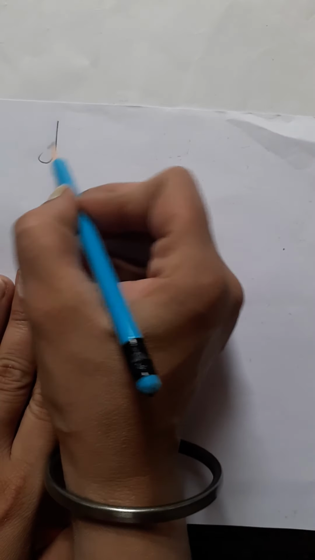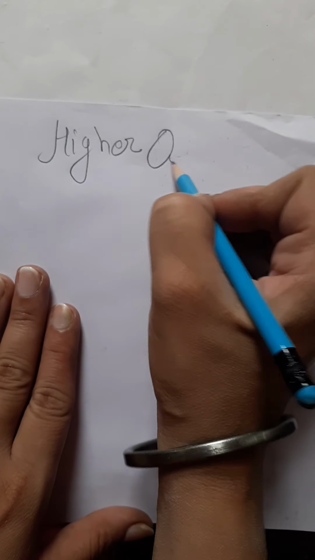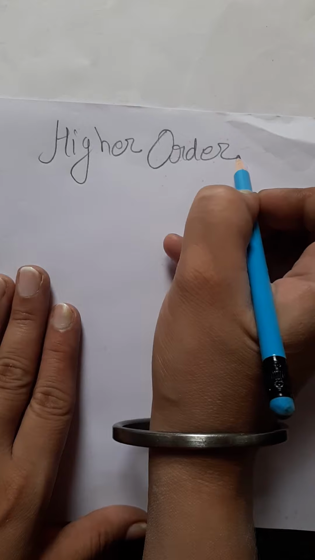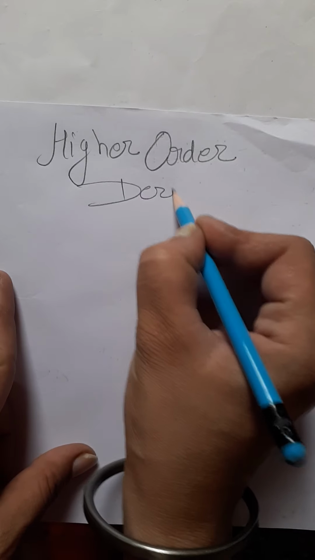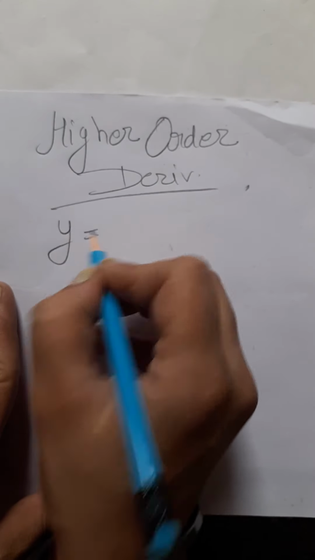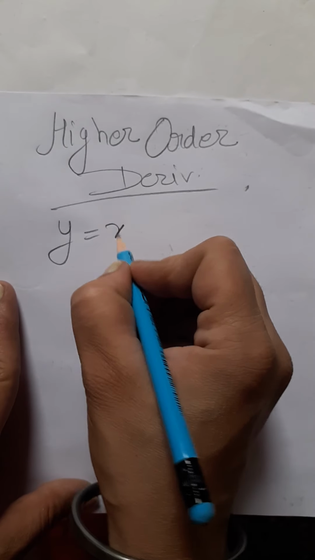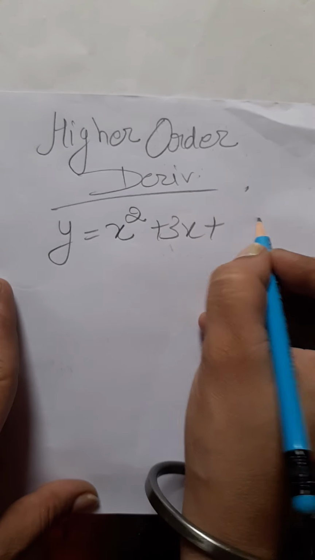So students, when we take higher order derivatives, we take the derivative 2 times, 3 times, 4 times. For example, you take an easy question like x square plus 3x plus 4.